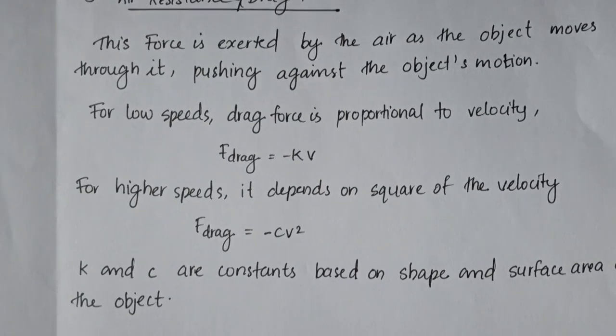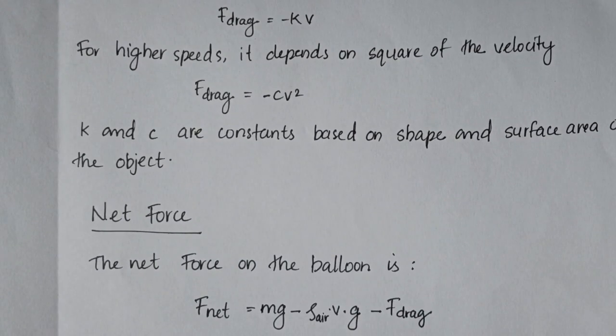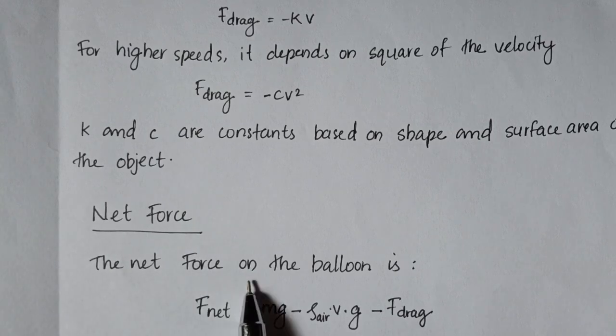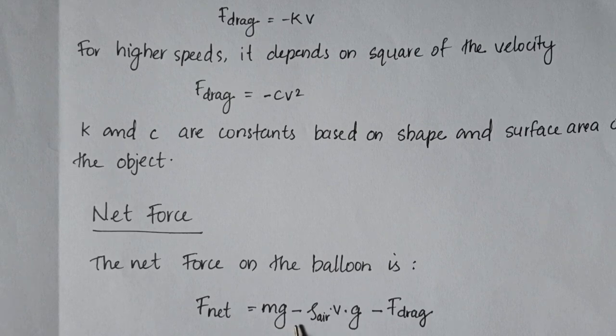And for calculating the net force, the net force on the balloon is F_net = mg - rho_air Vg - F_drag. That is, F_net is equal to gravitational force minus buoyant force minus air resistance or drag force.